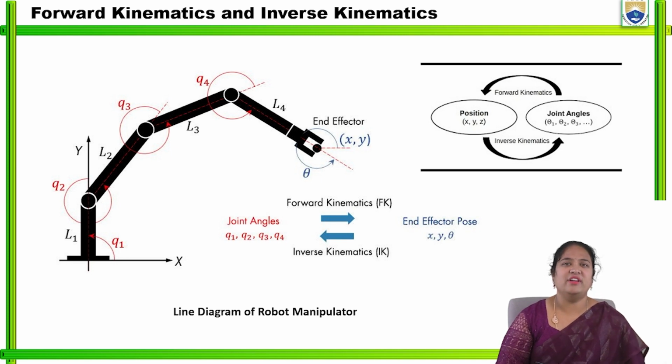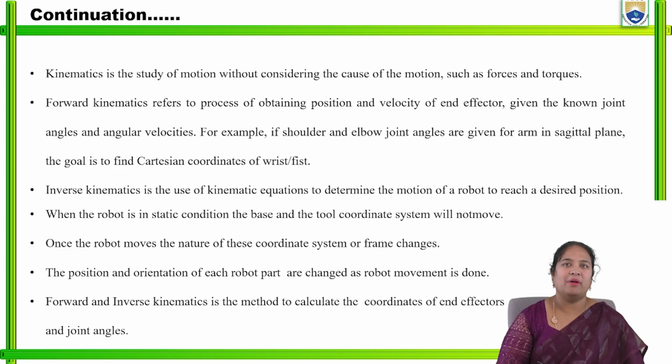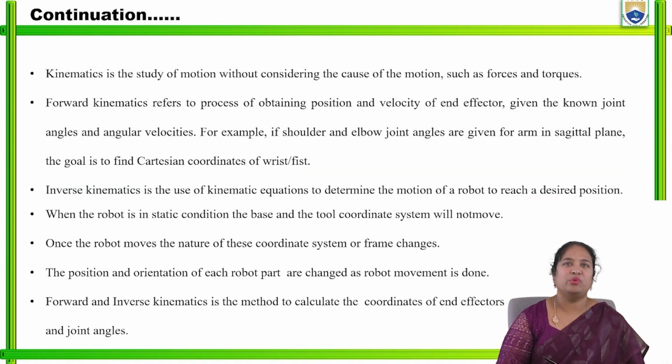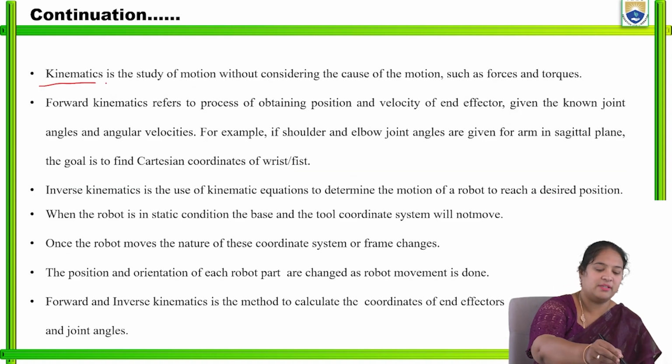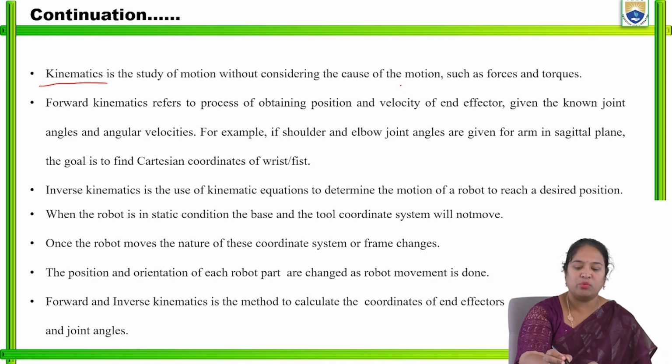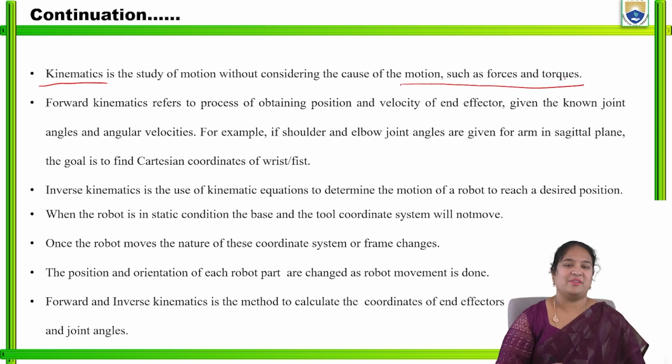You can see the figure here, a line diagram of the robot manipulator. Before we get into that, let us see what we mean by kinematics. Kinematics is the study of motion without considering the cause of the motion, such as force and torque.